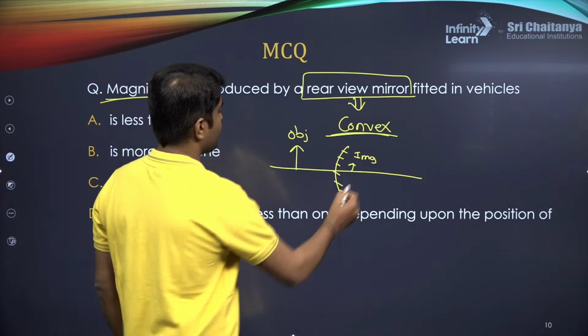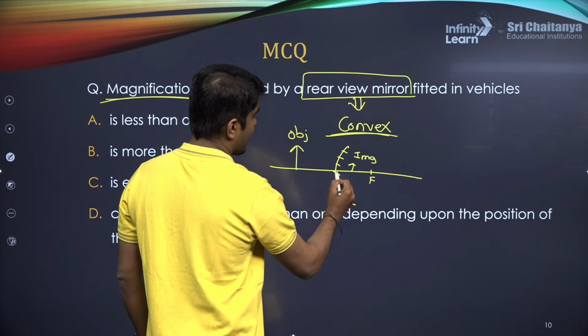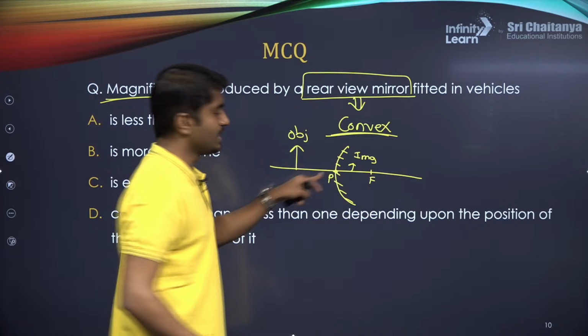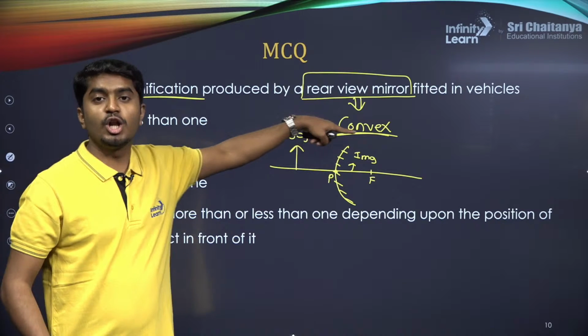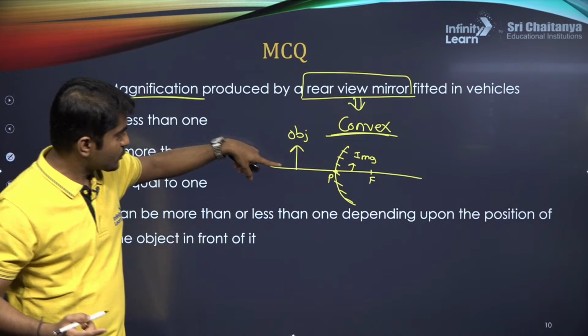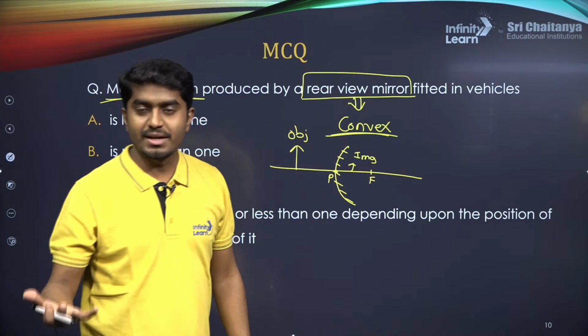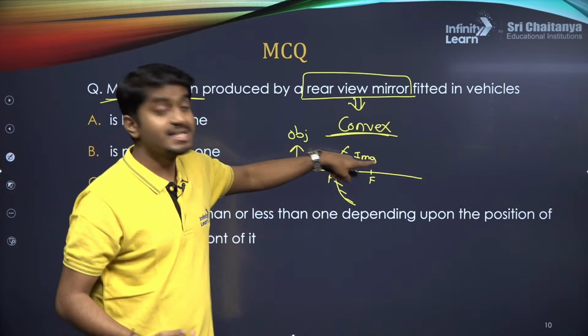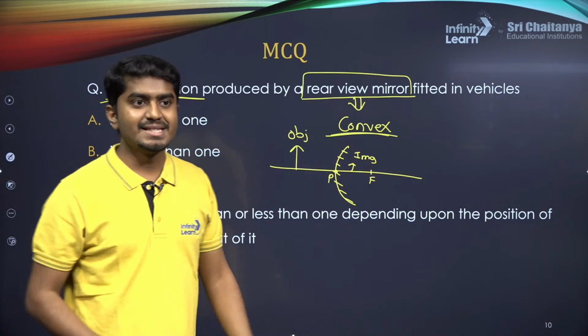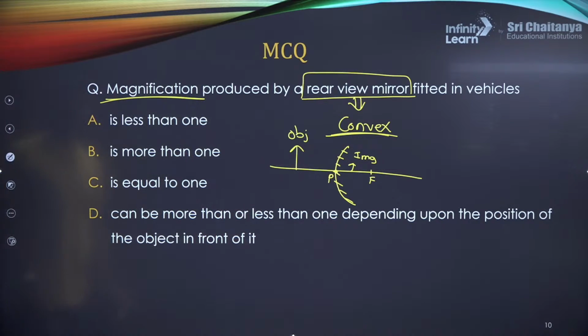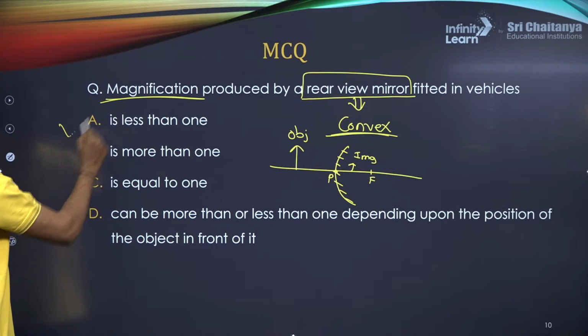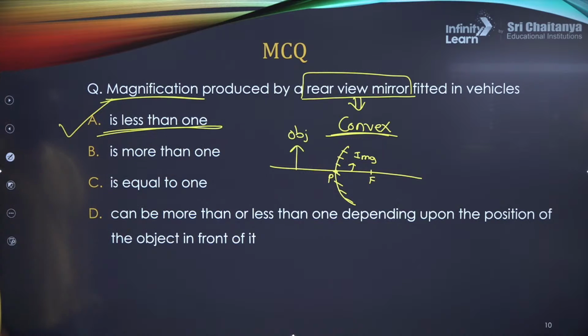It will always form between the focus and the pole. So the height of the object and the height of the image are both positive, but the image is diminished, and that is the reason magnification is less than 1.